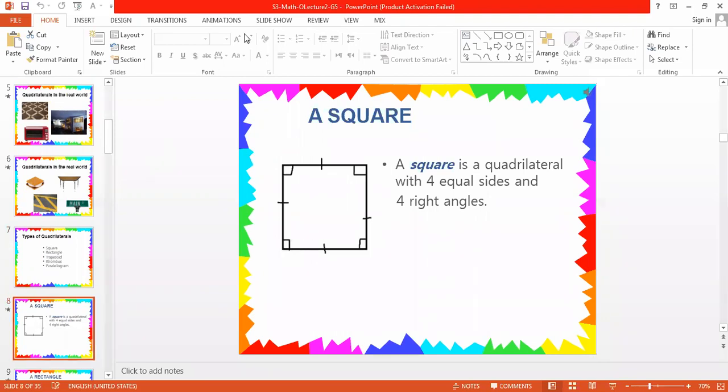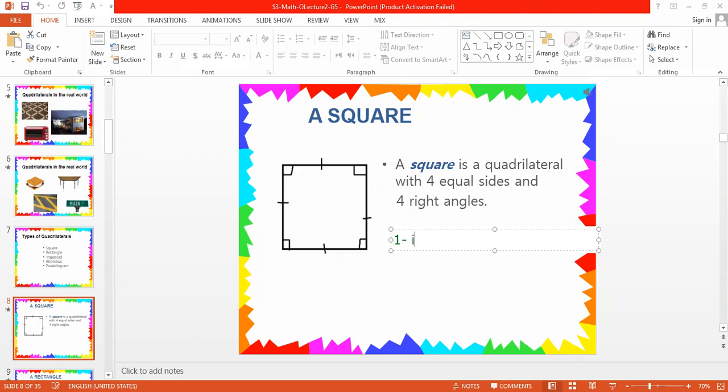Who can tell me what are the properties of a square? A square is a quadrilateral. Yes, give me the properties.